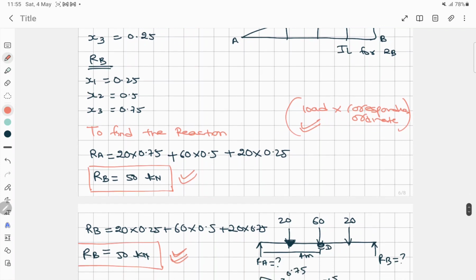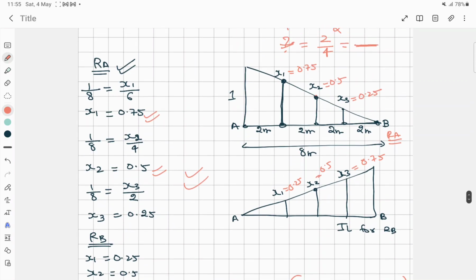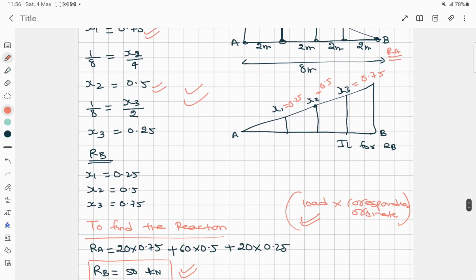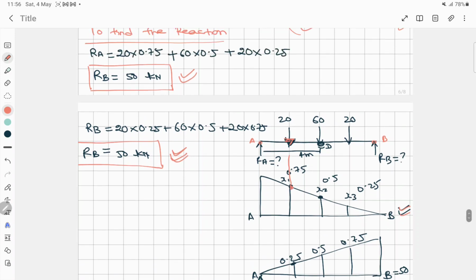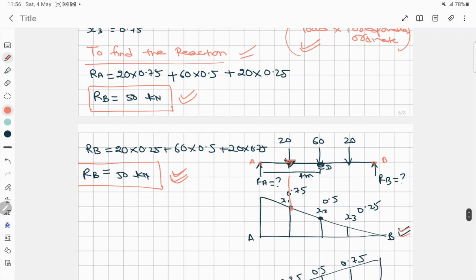Now to find the reaction, we have to multiply the load with the corresponding ordinates. Here is the question, and this is the A and B point. So to find the reaction RA, we have to see the RA diagram, and multiply this load into the same ordinates.